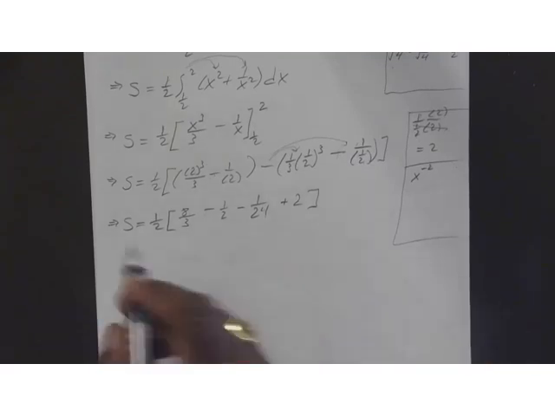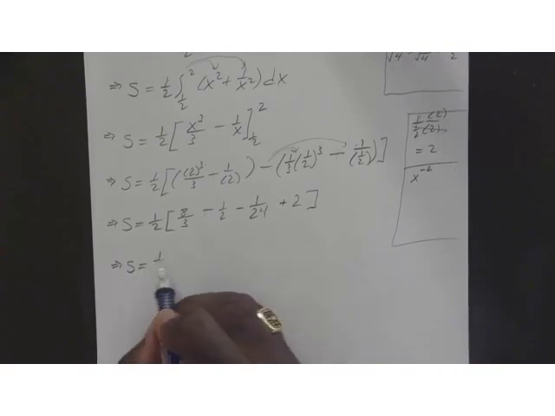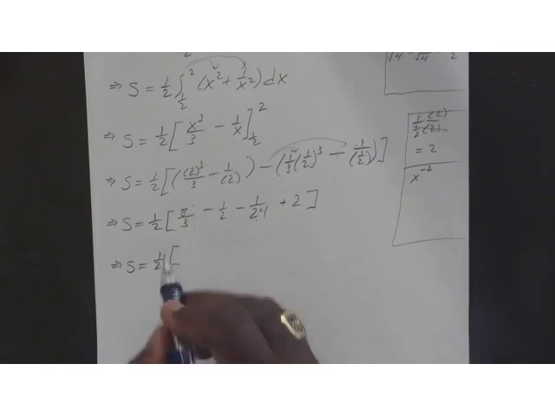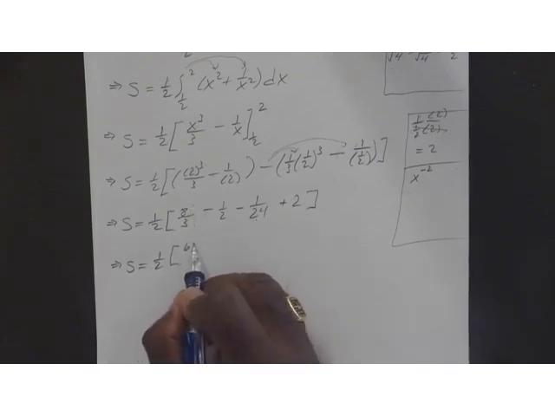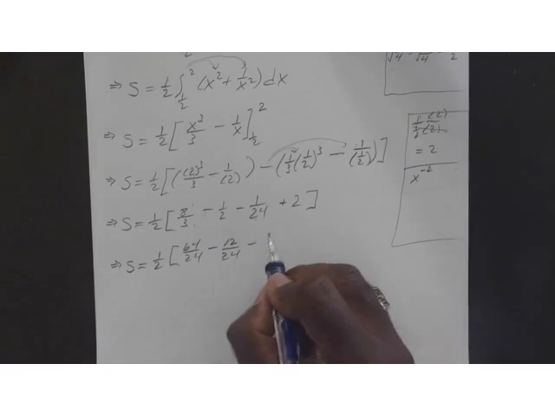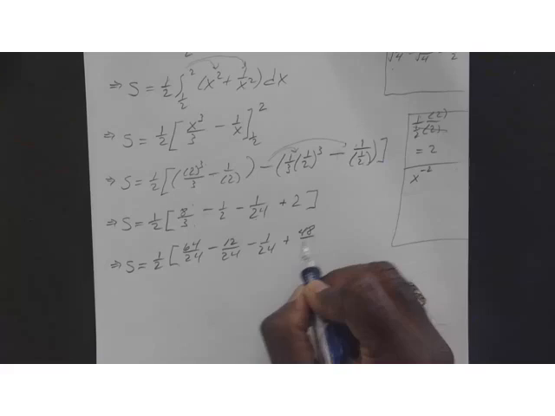Okay, so if we go ahead and simplify that. 1/2 times 8 divided by 3. So if you have a common denominator of 24, have to multiply this by 8/8. So we have 64/24 minus 12/24 minus 1/24 plus 48/24.